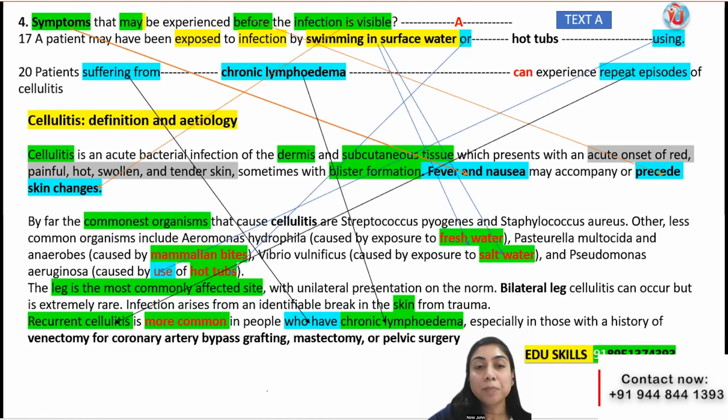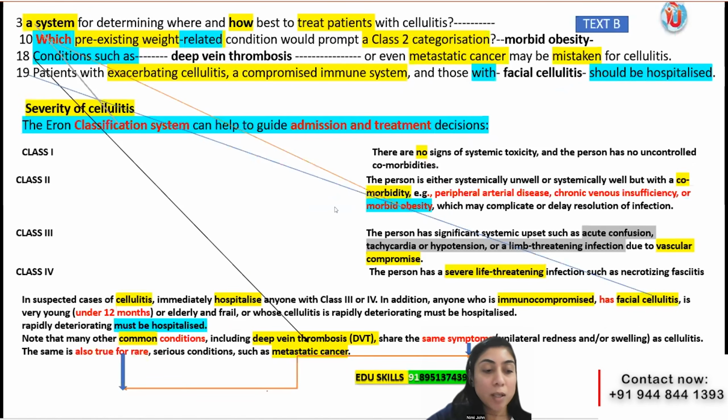Did you get? Yes. So next we are moving to the text B. The questions from the text B. Now we are going to the text B, and I will explain all the questions from it. Here is question number 3 from the text B. Anybody have a doubt about question number 3?